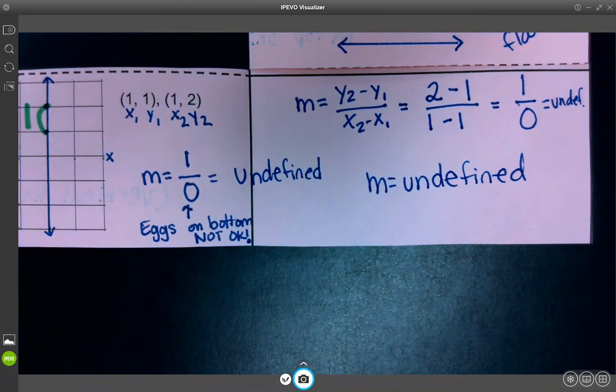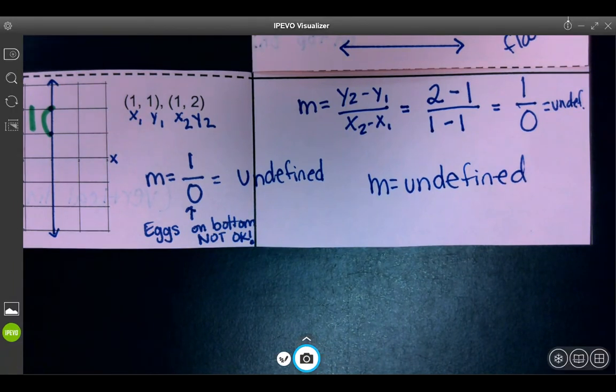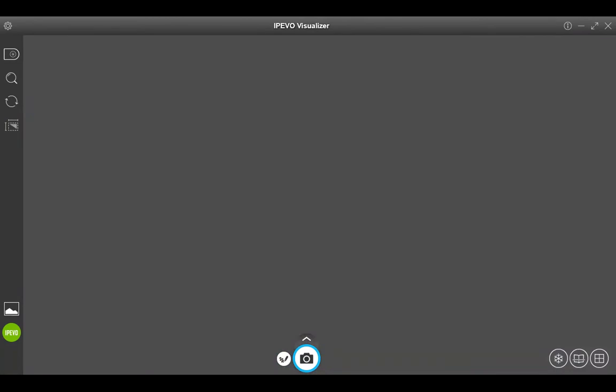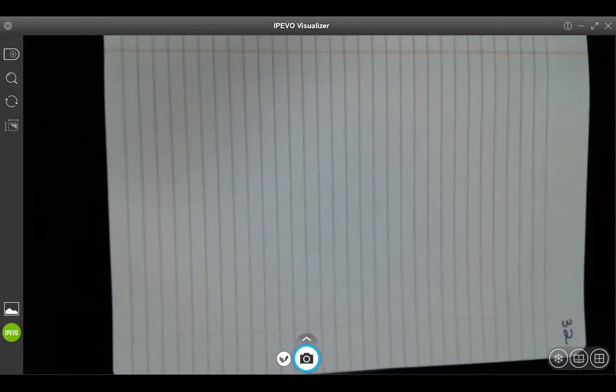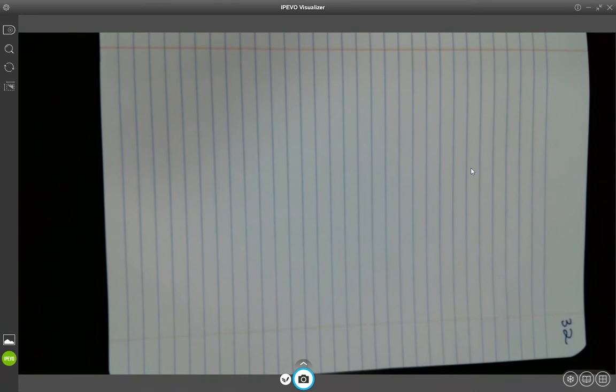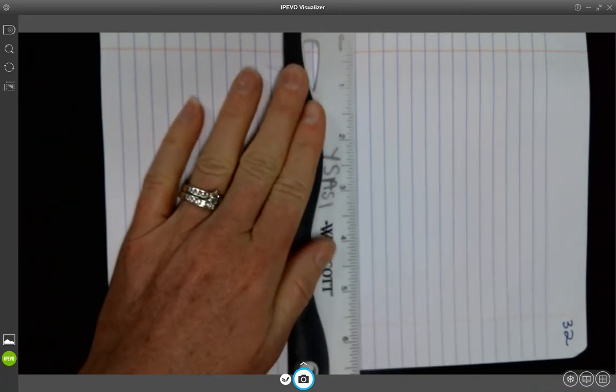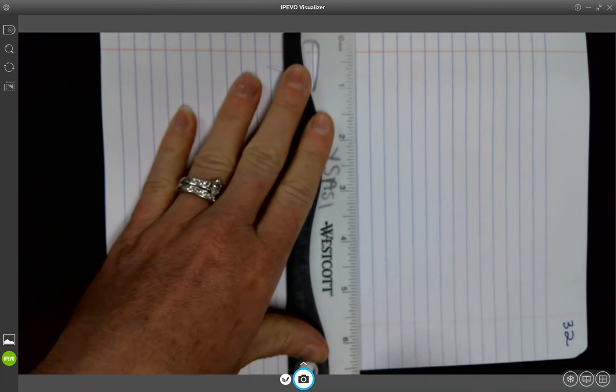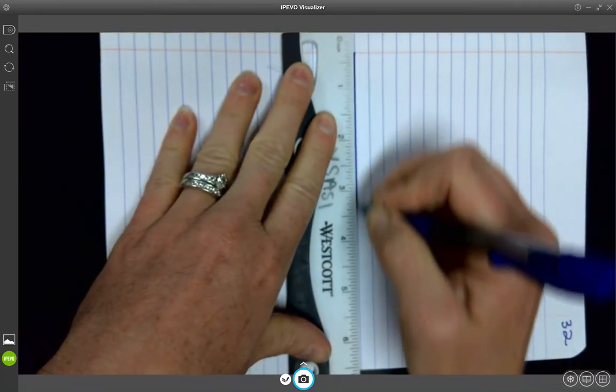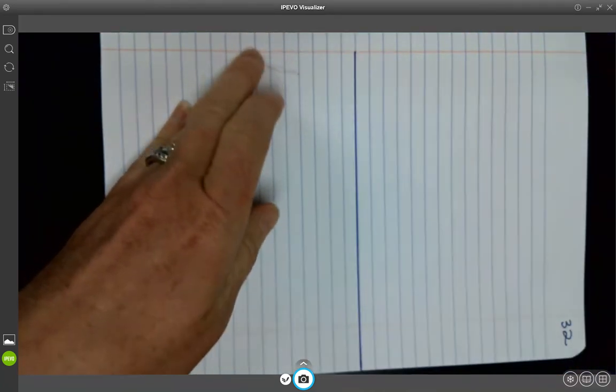Go ahead and glue that in, and then we're going to write some things down in our journal. So you should have that one glued in. Now turn your page sideways on page 32. We're going to do hoy and vux. So this is to help you remember horizontal and vertical lines. I'm going to just draw a line like this down the middle.